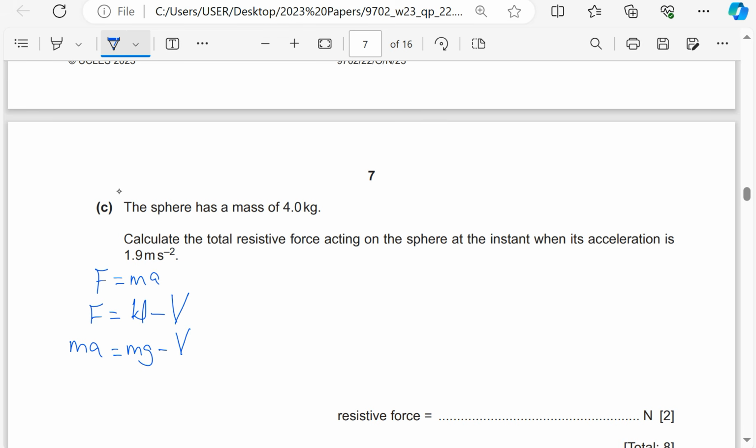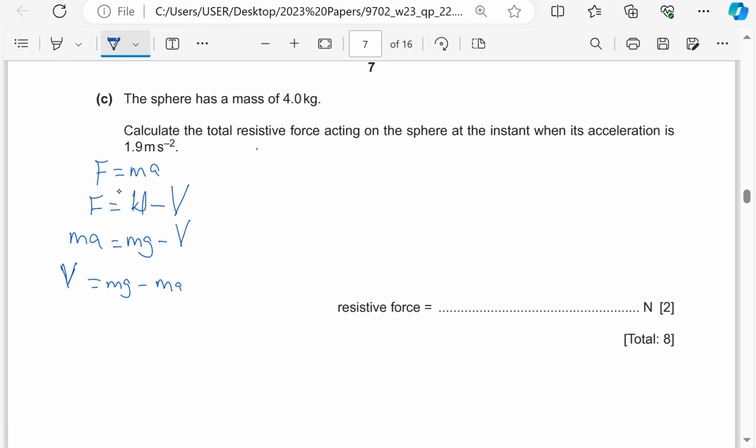So when I make V the subject, V is going to be equal to mg minus ma. So I'll just substitute.